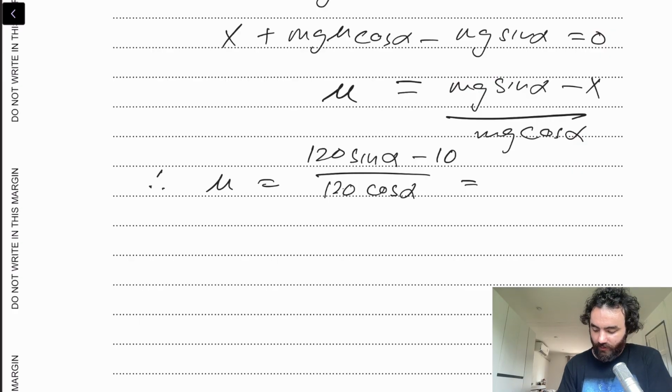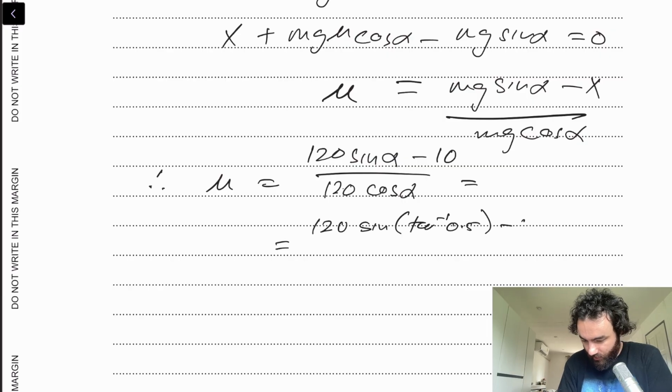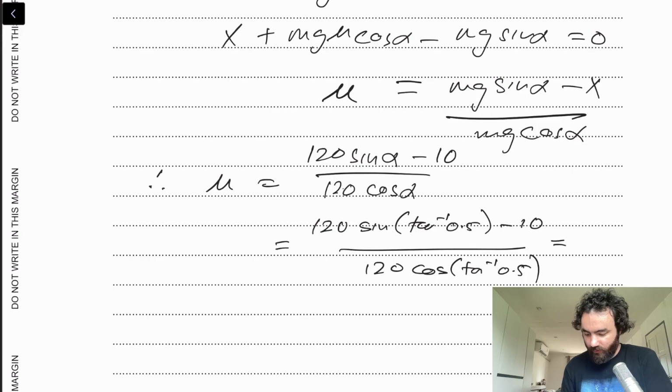I'm just plugging in this exactly, so I'll show you what I'm doing. 120 sine of tan inverse of 0.5 minus 10, over 120 cos of tan inverse 0.5, so I can keep it an exact value.